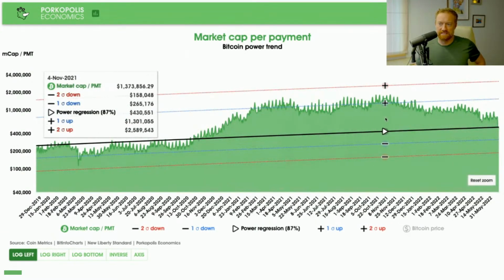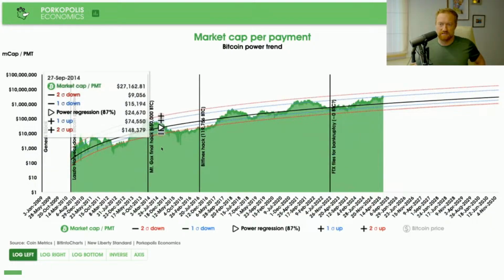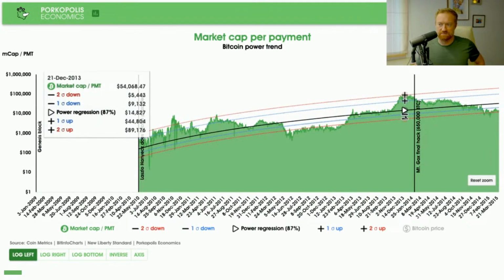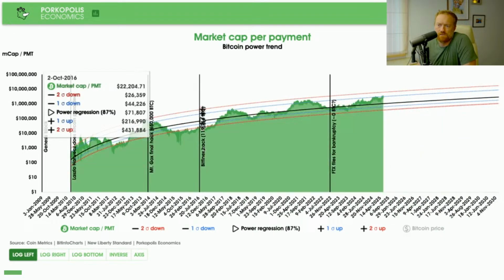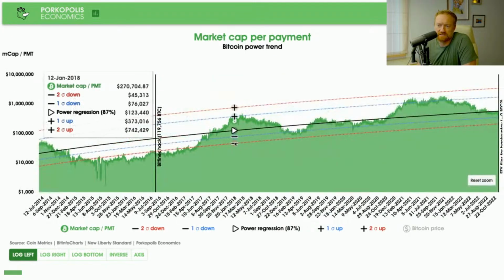It didn't really hit it in 2021, but back in the early days, we did pretty much bump up against it in 2017, and then back in 2013 and 2011. In 2017, though, interestingly, was still pretty much around the 1 sigma.